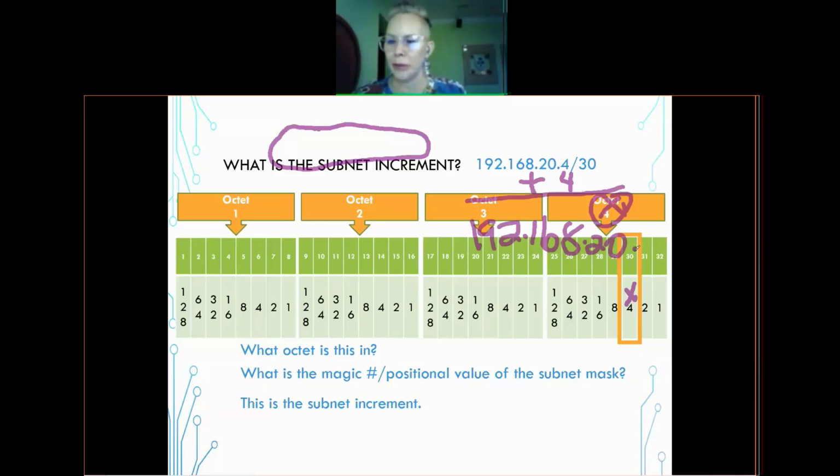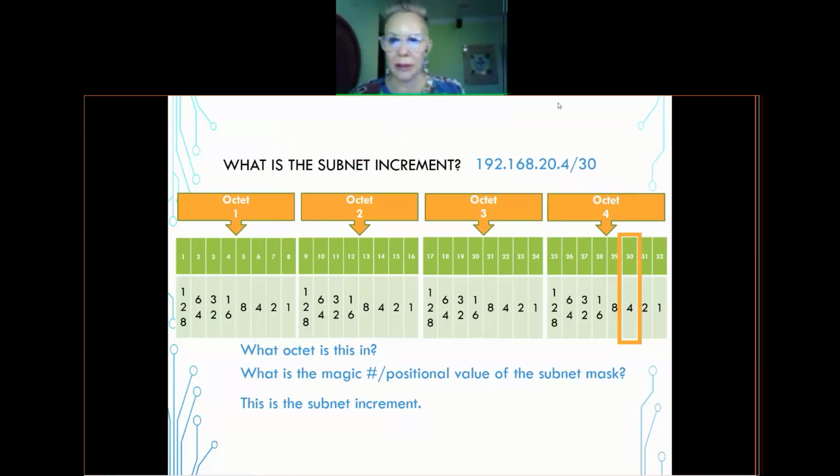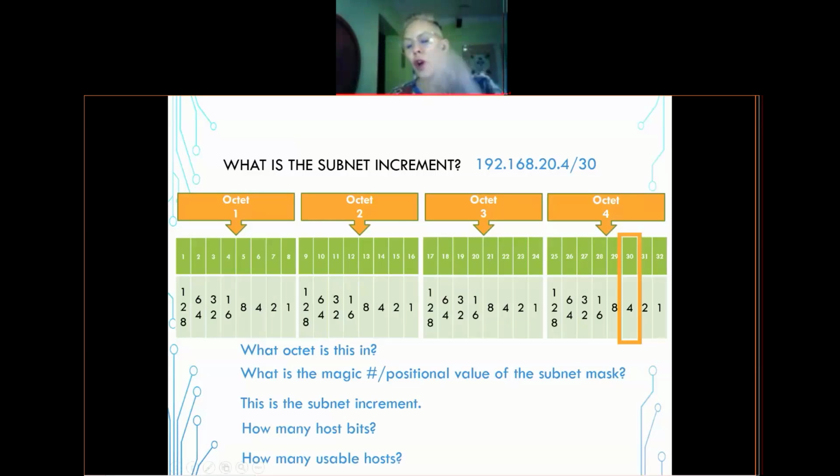What, everybody? .8, because I just incremented it. That's why we need to know where the last network bit is, because we need to be able to figure out what the next network is and the next network.